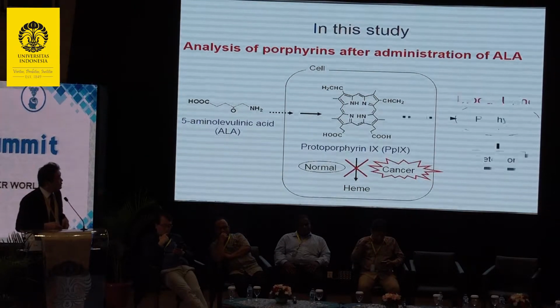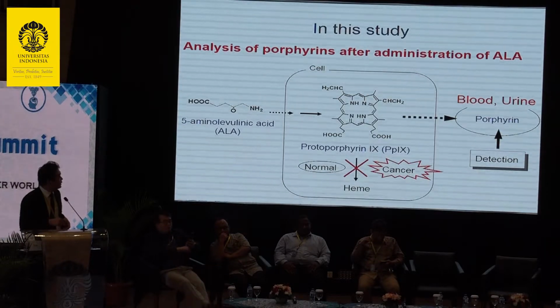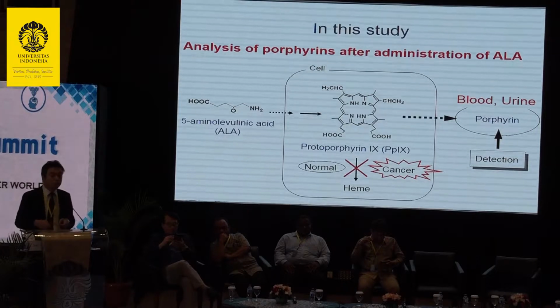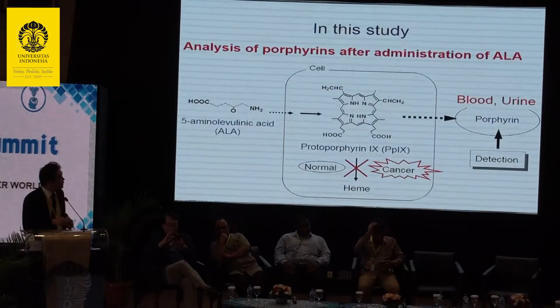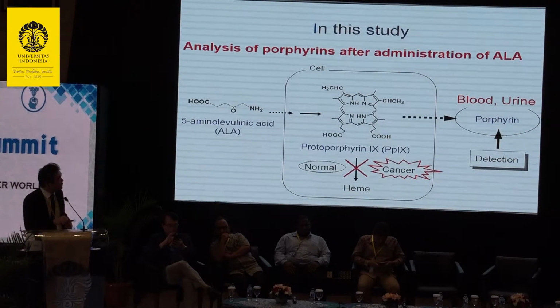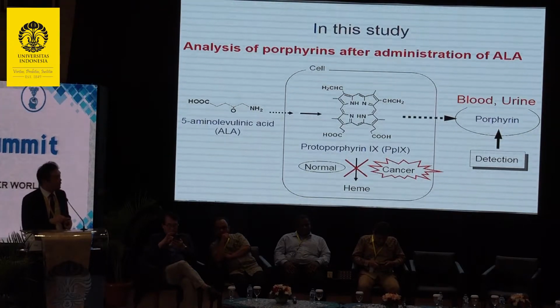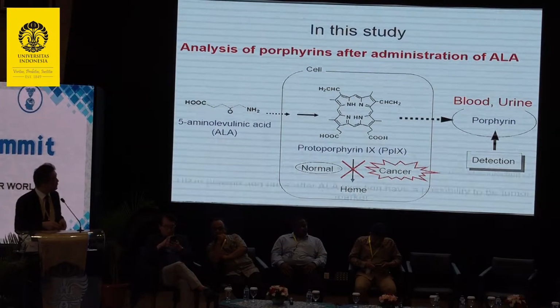In these techniques, we thought the accumulated porphyrin has a possibility to go into the body fluid. So this is a body fluid, and we check the blood or urine concentration after administration of ALA.